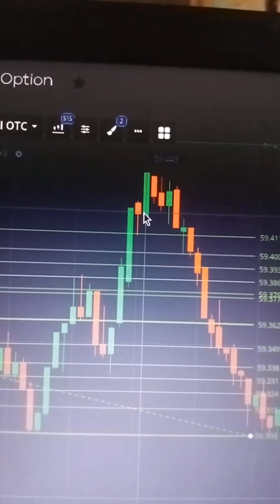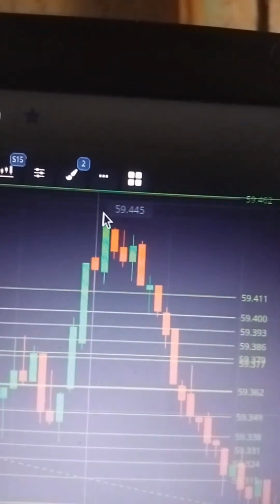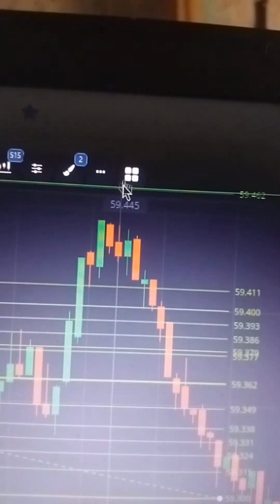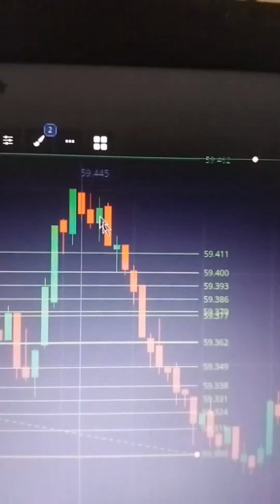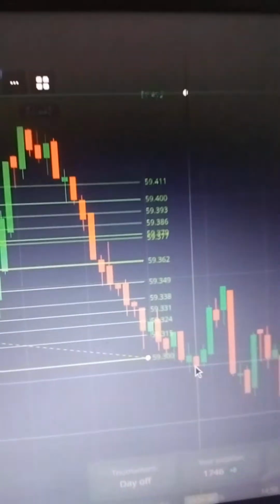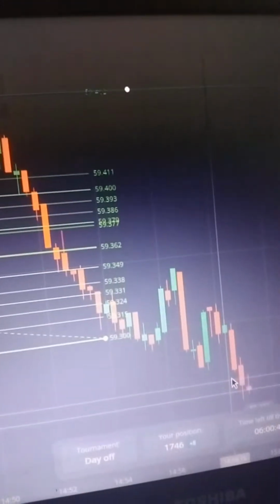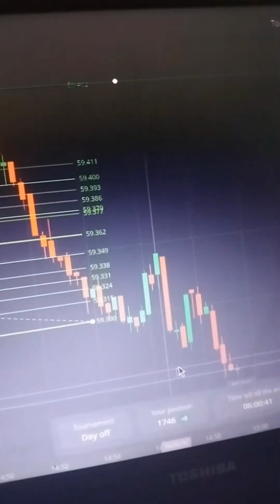But just like I talked about in the previous episodes, episode 1 and episode 2, price could come really close to your TP, as you can see, then just go all the way down in the other direction. So I will be targeting TP2 on the downside.